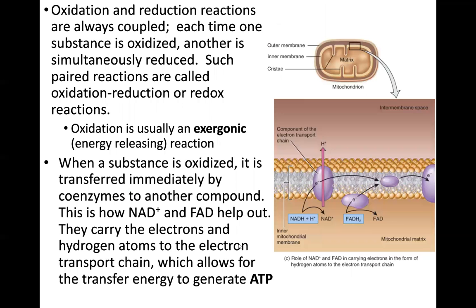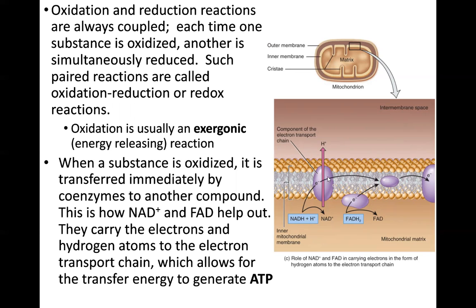That's important because when you oxidize something, typically that's exergonic, or energy releasing, and that therefore can be utilized to generate ATP. The vehicles that are going to carry those electrons and those hydrogens are NADH plus H plus, or NADH2 if you want to shorthand it, and FADH2, which are described as reduced coenzymes because they've gained those electrons.